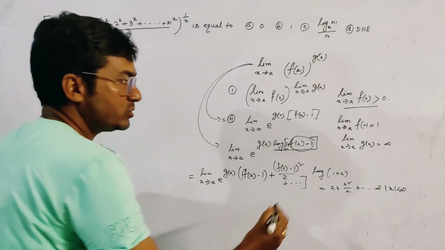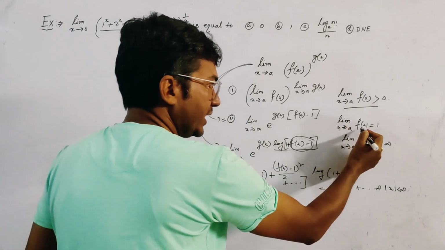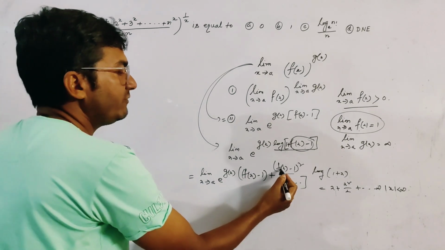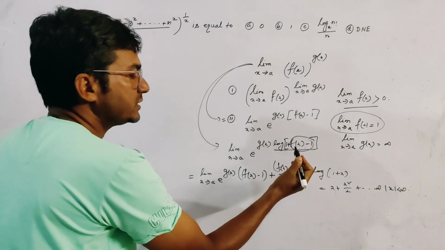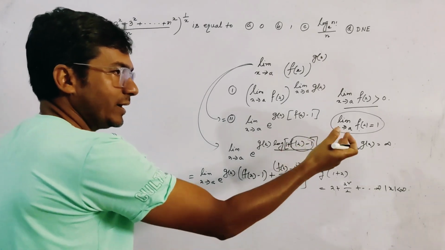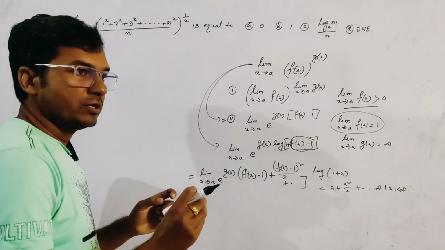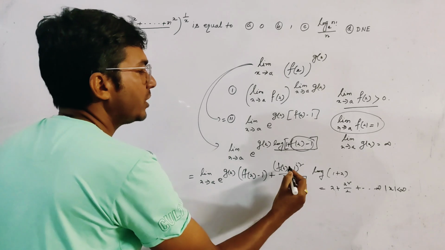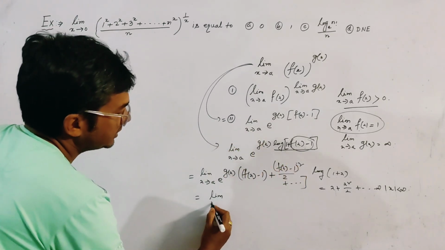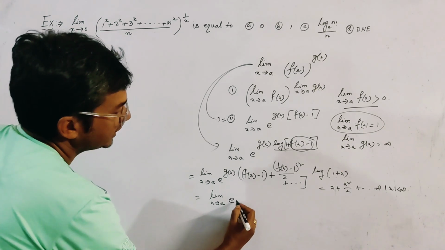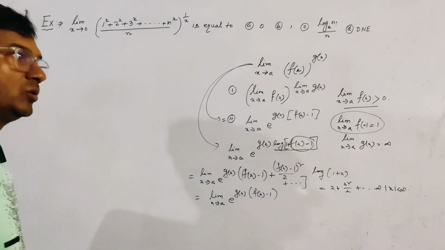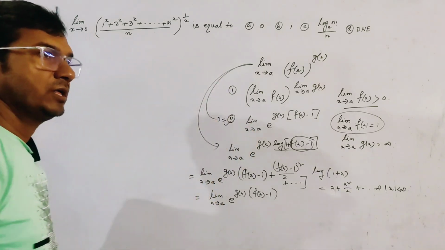Now since the limit of f(x) is equal to 1, terms like square, cube and so on are very small, so we neglect all the terms after the first term. Then we get the limit as limit x tends to a of e to the power g(x) times (f(x) minus 1). And this is the formula.